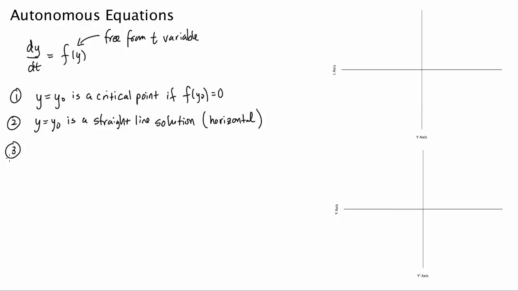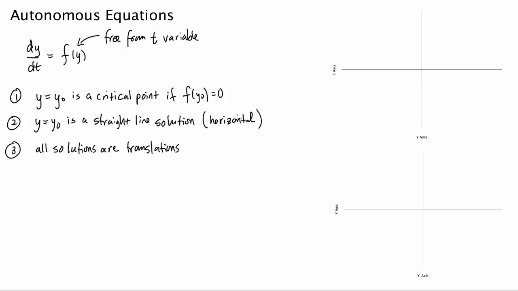And then finally, the last thing is all solutions are translations of one another. And what I mean by that is if you find one solution, all you have to do is horizontally shift the other solutions and it'll match up. And I'll show you when we graph it here in a second what I mean by that.